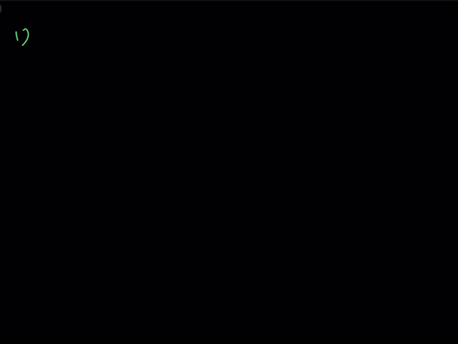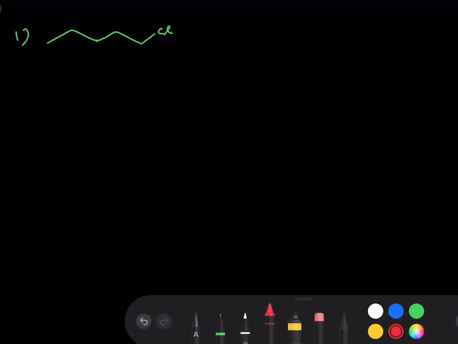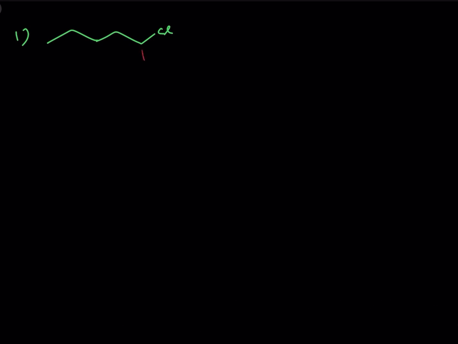So, let us write down the isomers one by one. 1, 2, 3, 4, 5 and then the carbon chlorine bond. Okay. So, let us do the numbering also. So, this is 1, 2, 3, 4, 5.